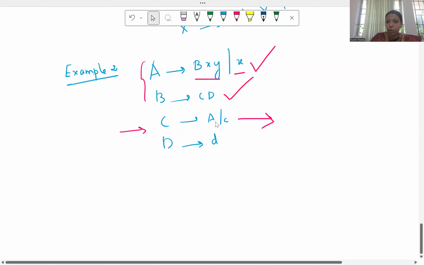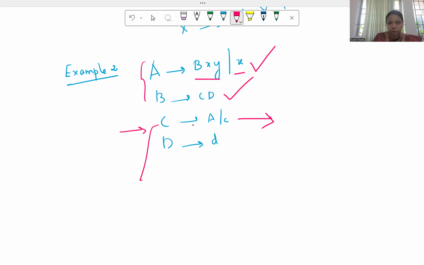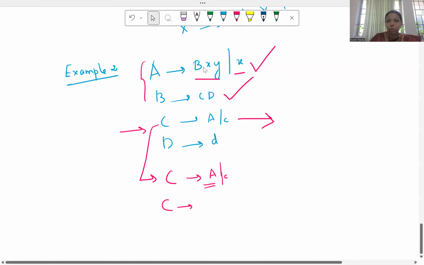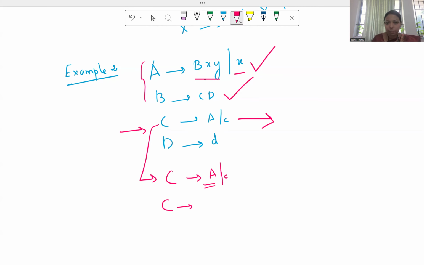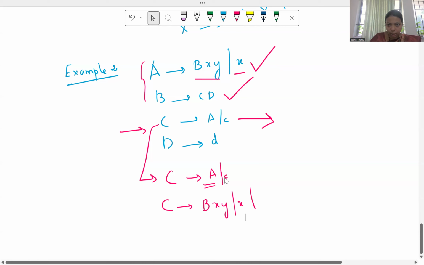But when you come here, we know what A is, right? So I'm going to rewrite this production. How will I write it? C tends to A, and this is small c. So I have to substitute this A. For A, I have two options. One is BXY, and the other one is X, and then this C as such.